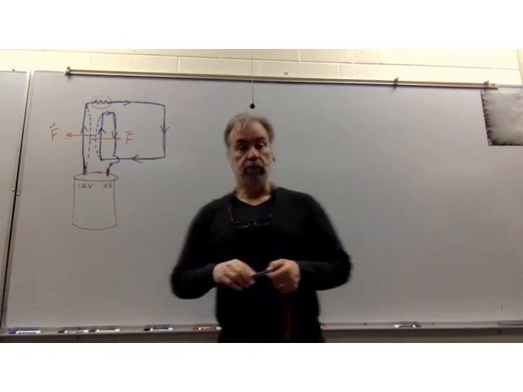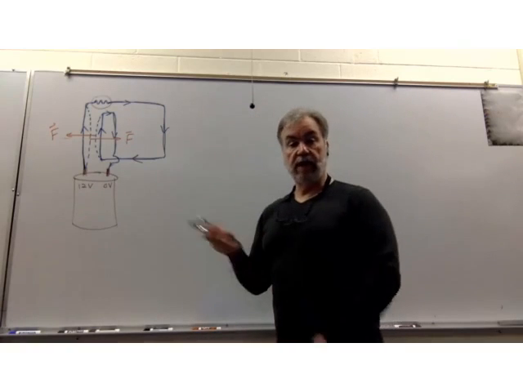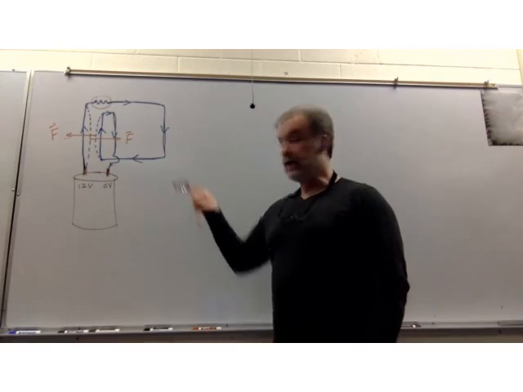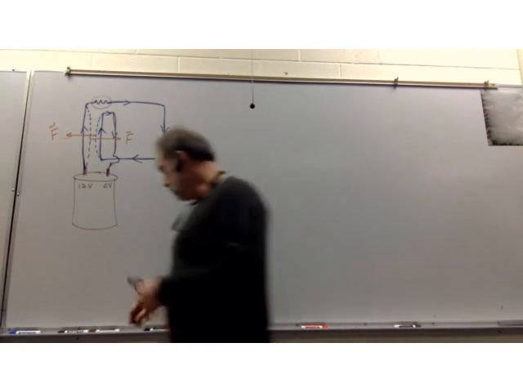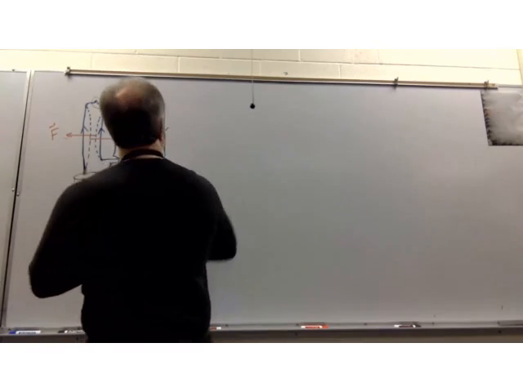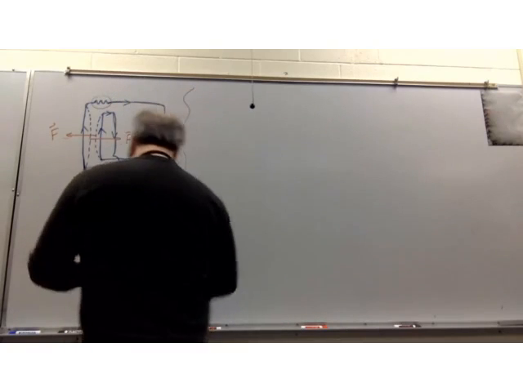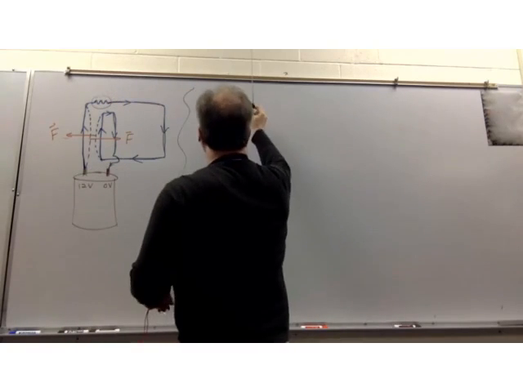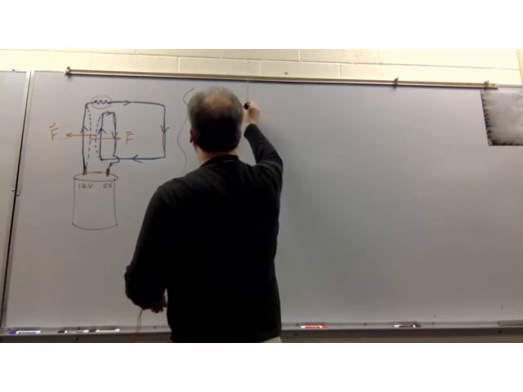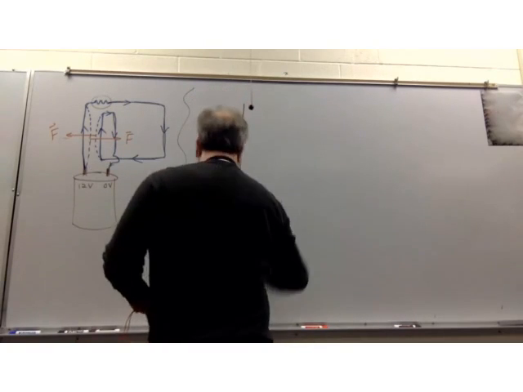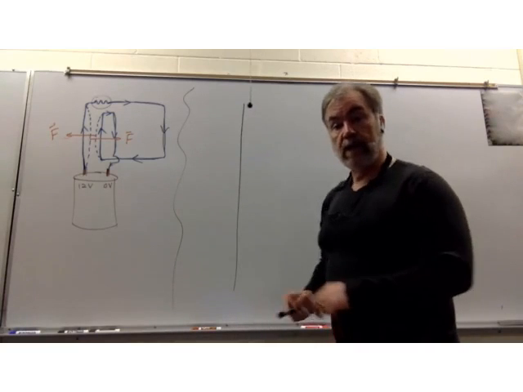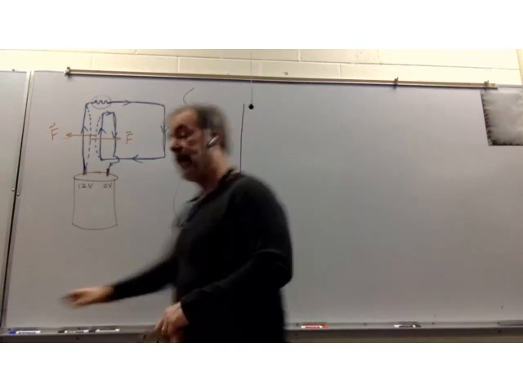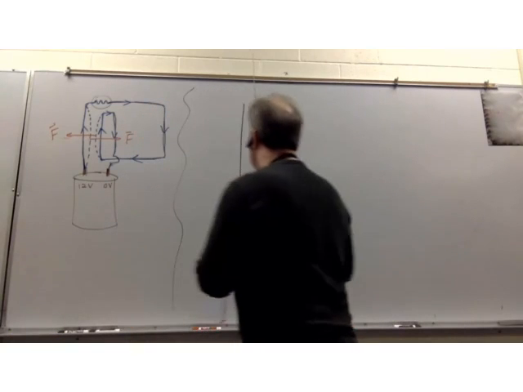Okay. Finally, more than that, once it was discovered that a compass was affected by a current, then the question is, what are the details of that? And the answer to that is complicated and not particularly drawable, but I will do a little hand waving anyway.